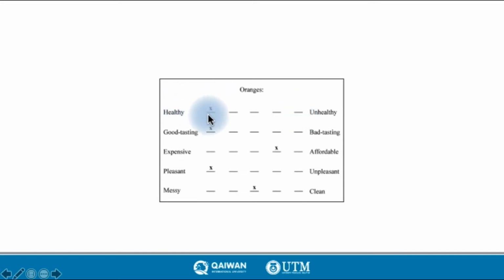So when the users rate here, it means that the orange is very healthy. And for example, for taste, this one is considered very good taste, and this one good taste, and this one okay, and bad taste, very bad taste. So when the user rates in here, it means very good taste. And the rest are also the same, like messy and clean, all of these. So in the middle is like, okay.